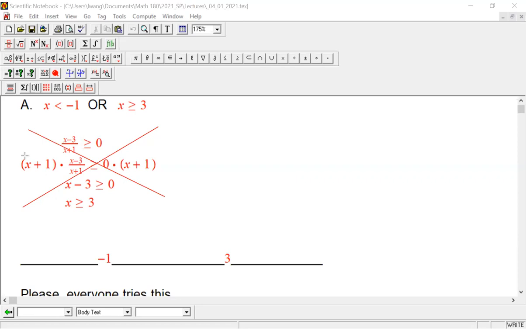This is one of those very common mistakes we see from our students of all times. I still haven't told you if your answer is right or wrong. Just wait a little bit. Why is this piece of work wrong?